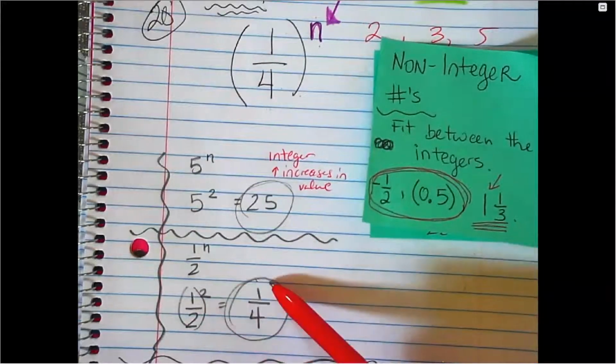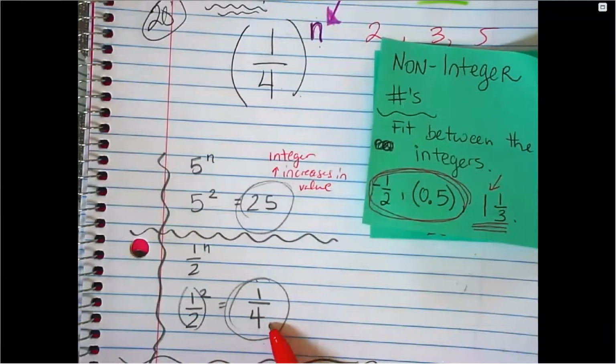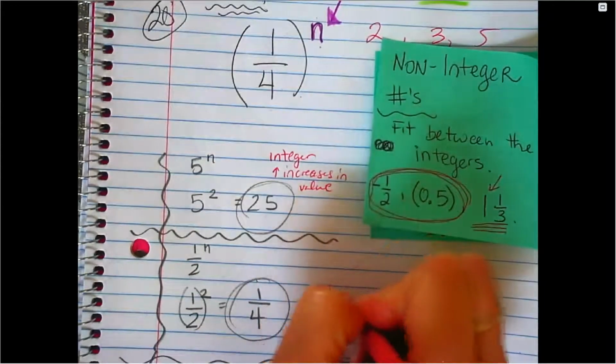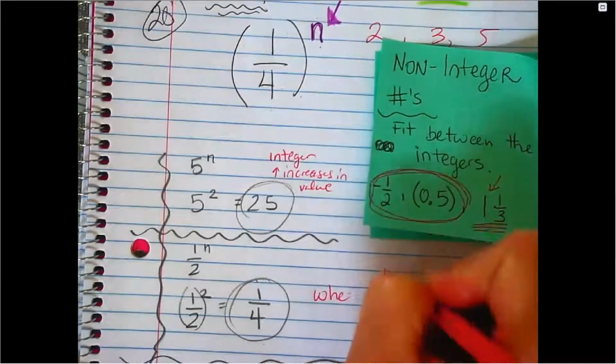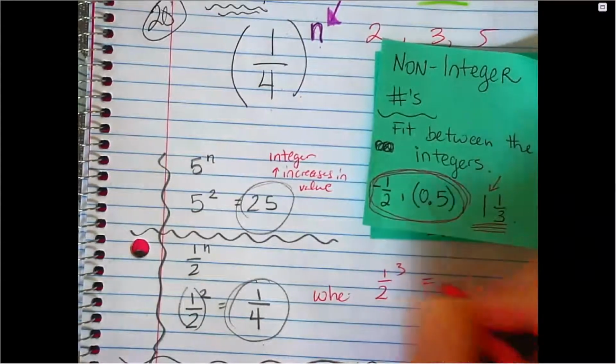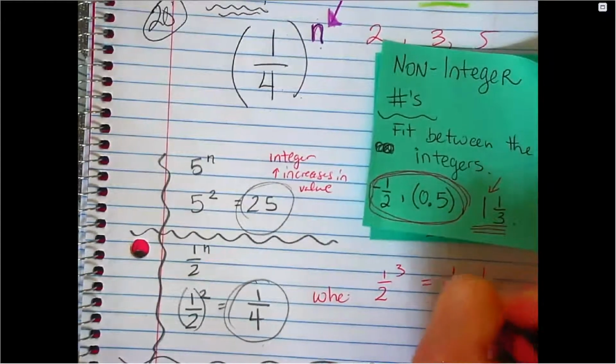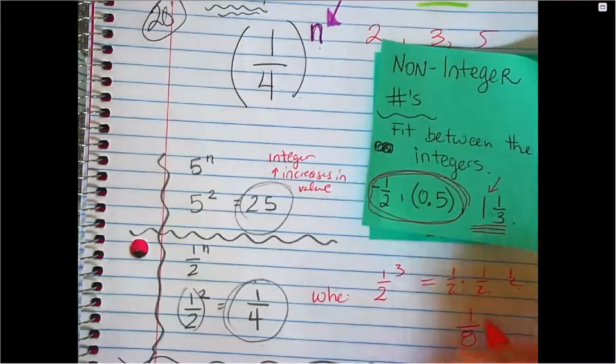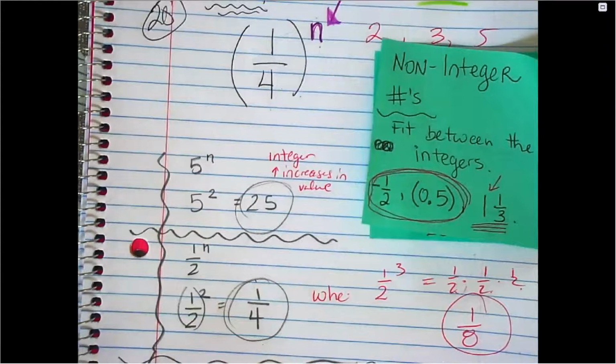So 1/2 squared is 1/4. Well, 1/4 is not bigger than 1/2. Let's say I do 1/2 cubed. Well, that's going to be 1/2 times 1/2 times 1/2. 2 times 2 times 2 is 8, so that's 1/8. That's even smaller.